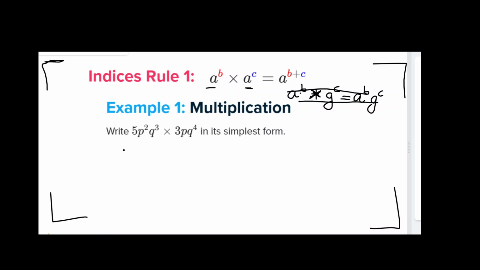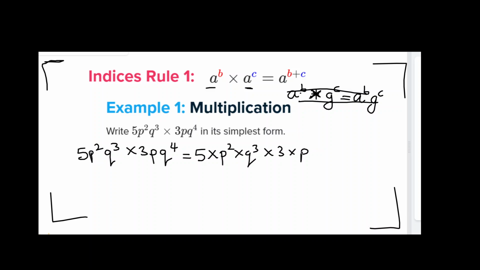But where it works, this is how it works. If you're given 5p squared q to the power of 3 times 3p q to the power of 4, I'm going to break this down. This means that we have 5 times p squared times q to the power of 3 times 3 times p times q to the power of 4.